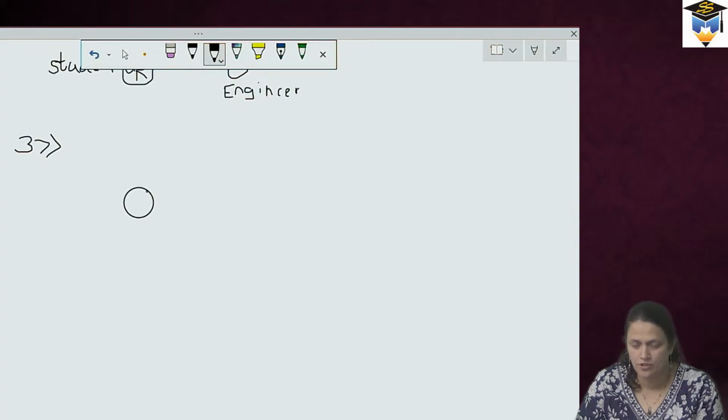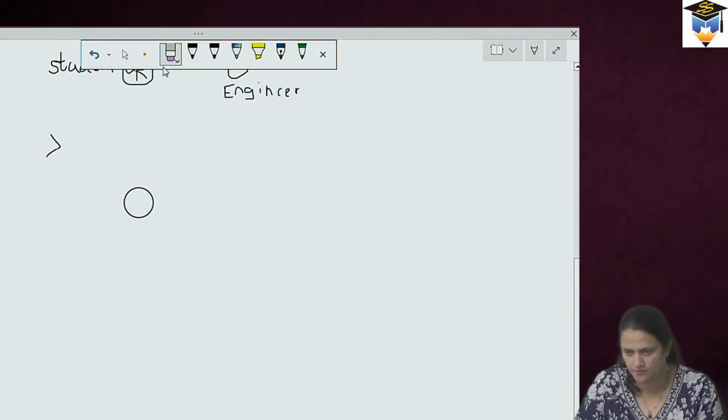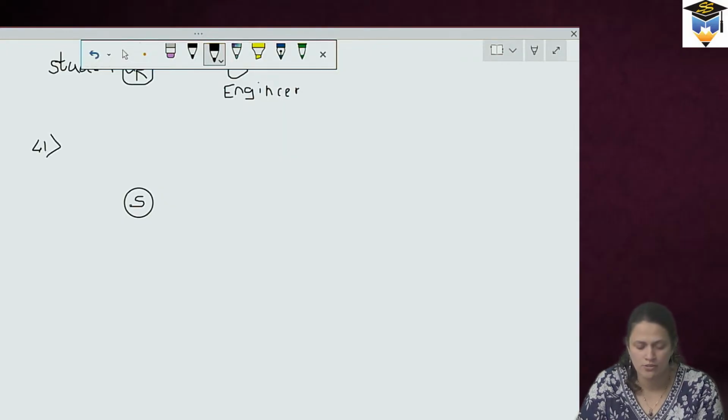So Seema is the daughter-in-law of Sudhir, SU, and sister-in-law to Ramesh.